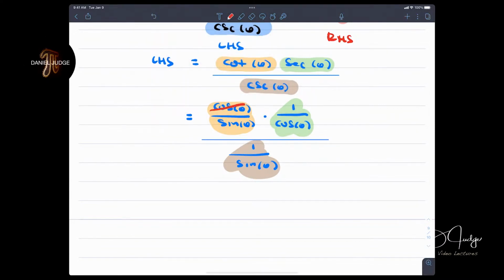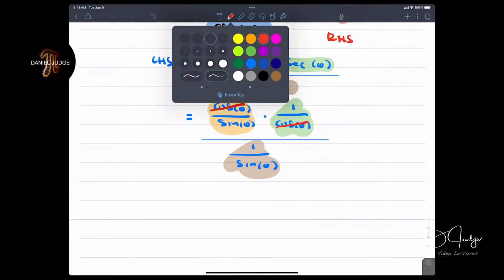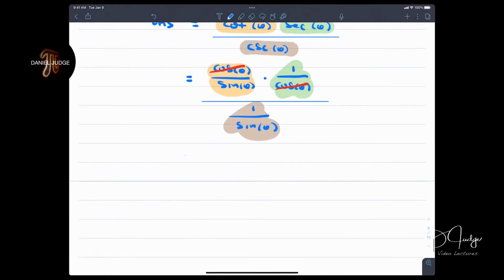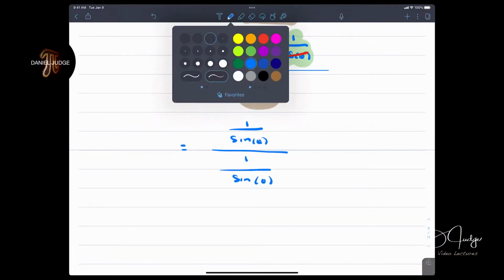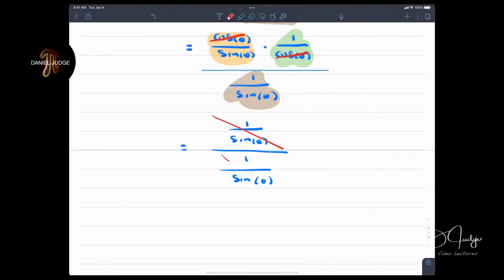And then guess what goes away? My cosines cancel. So I'm now left with 1 over sine theta over 1 over sine theta. And guess what happens now, ladies and gentlemen? Anything divided by itself, 1 over sine theta divided by 1 over sine theta, anything divided by itself is always 1.